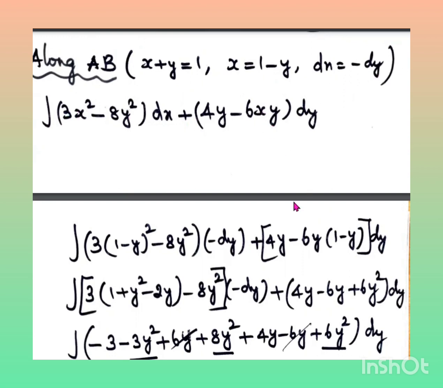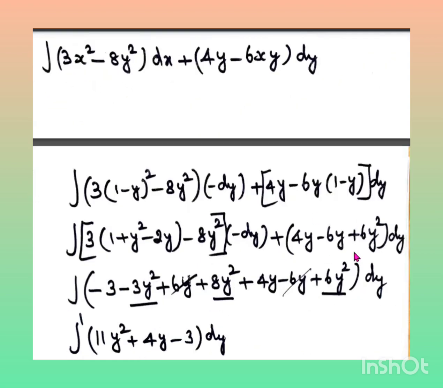So you have to substitute: for x, 1 minus y. So integral of 3 into (1 minus y) whole square minus 8y square, instead of dx substitute minus dy, plus 4y minus 6 into (1 minus y) into dy.